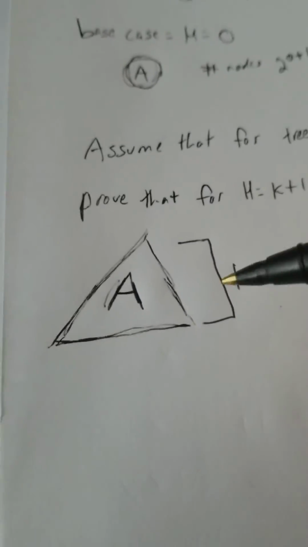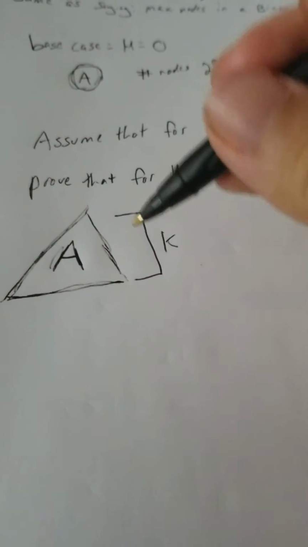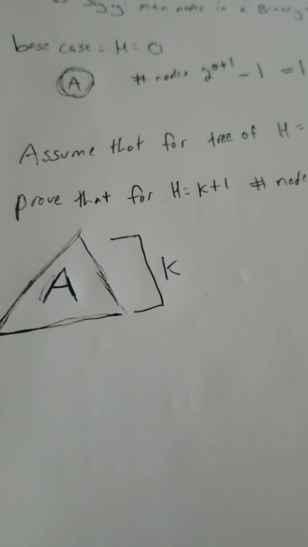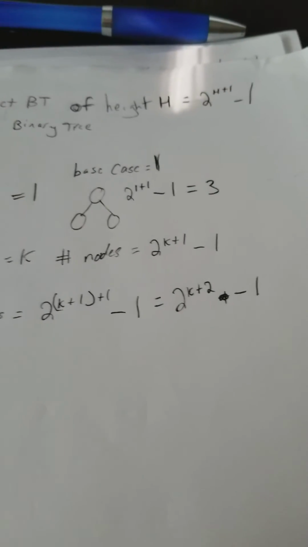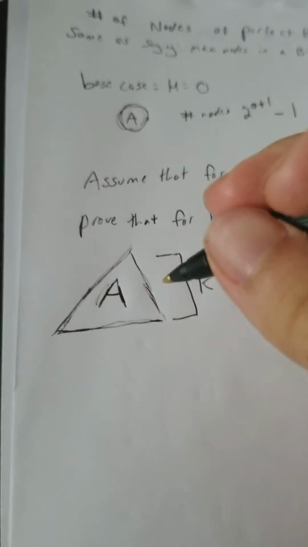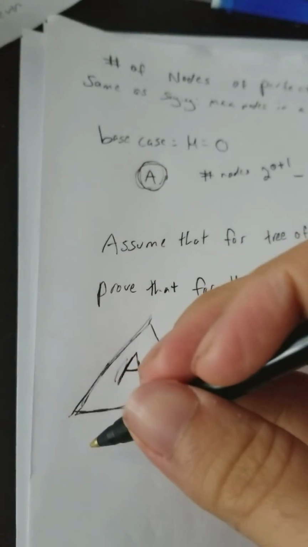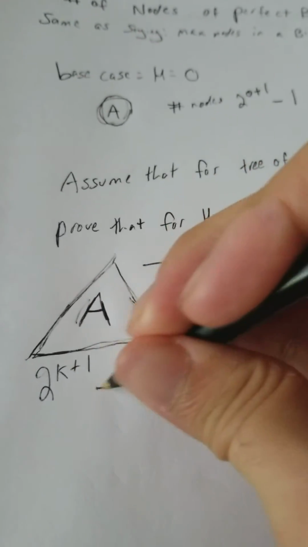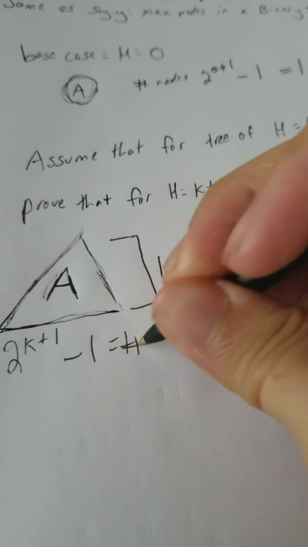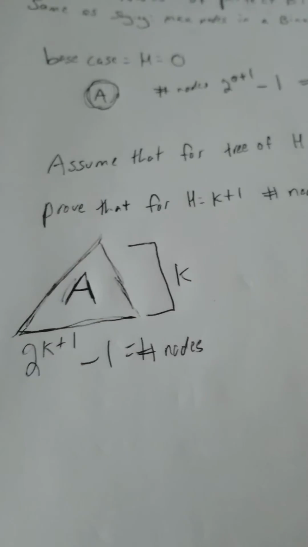We're just going to dictate that the height of this tree is k. We know by our definition that we have up here, and we're assuming it's true for k, that the formula gives us the number of nodes in this tree. So we have 2 to the k plus 1, minus 1, equals the number of nodes.